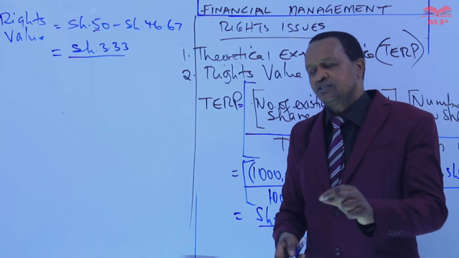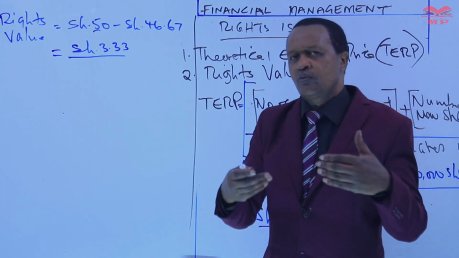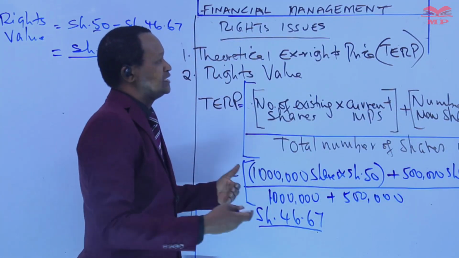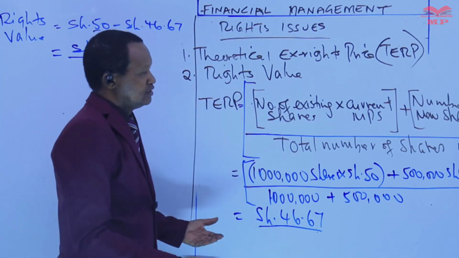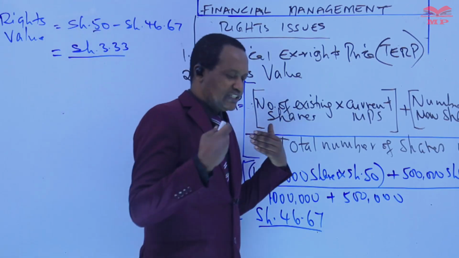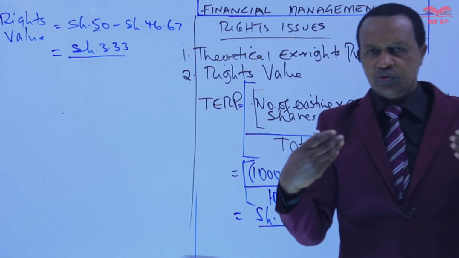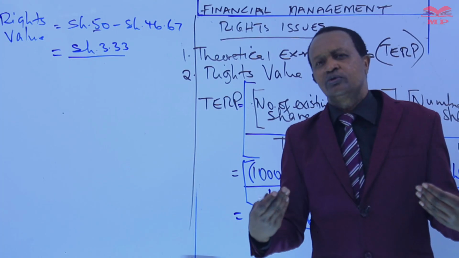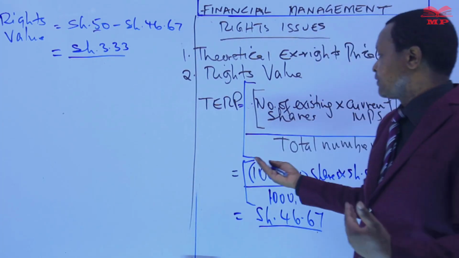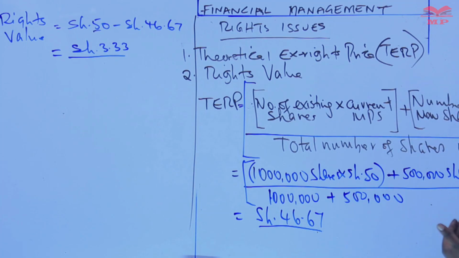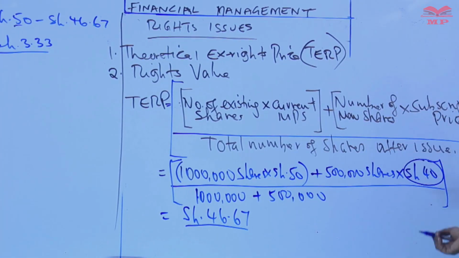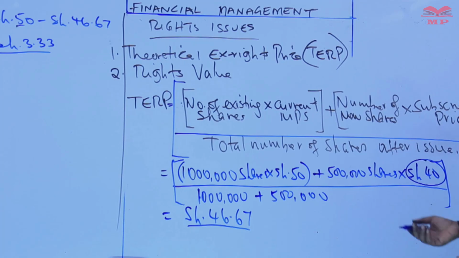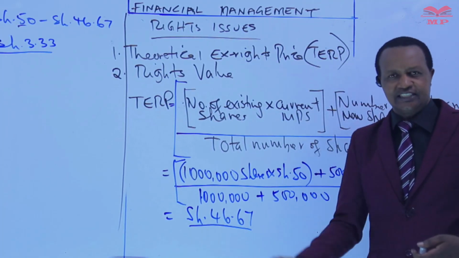Exercising the right means the shareholder buys the rights issue, because the shareholder has an option of exercising it or not. If the company is selling you additional shares, you can choose to exercise the right, meaning you take the offer and buy at 40 shillings. When a shareholder takes up the offer, we say he has exercised the right.